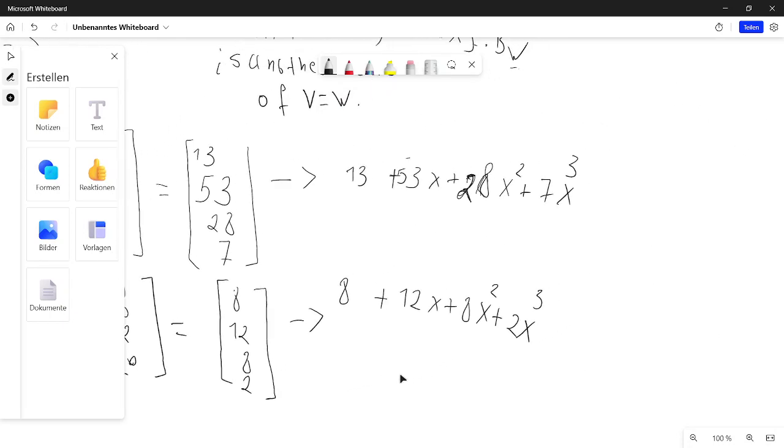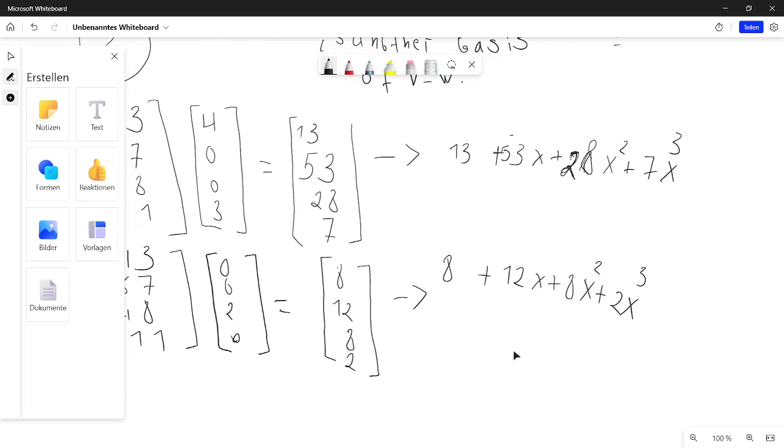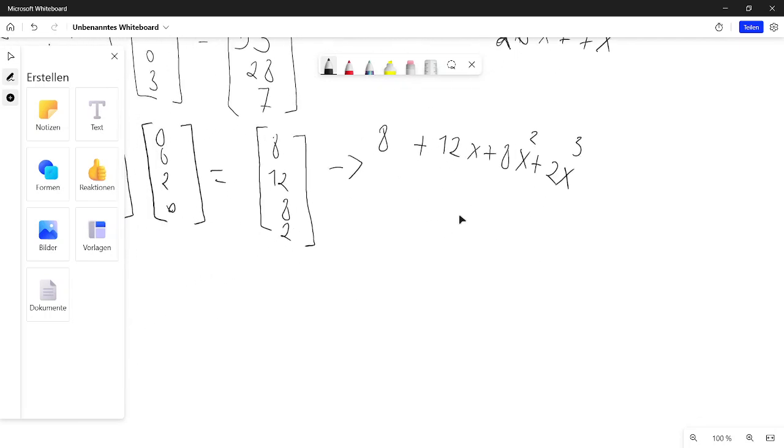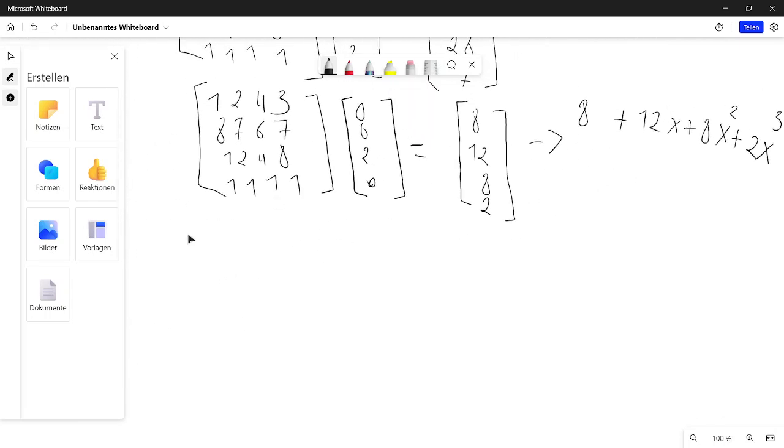Next one, and we have the same matrix: 7, 6, 7. If you forgot, I'm devising now a task that you will have to solve for practice.